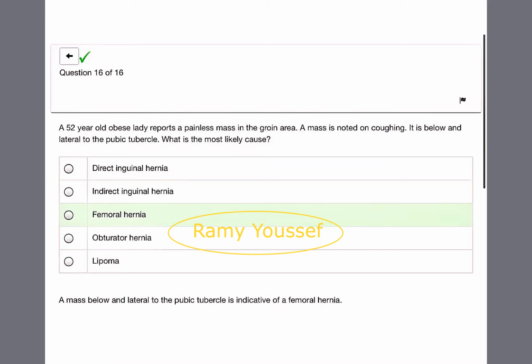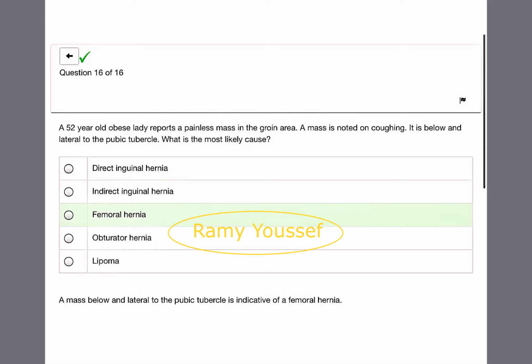Femoral hernia, obturator hernia. You have an obturator hernia. Volvulus will not cause groin pain. Because of irritation of the obturator nerve, you will have pain in the groin radiating to the knee. Yes, exactly, groin pain radiating to the knee.